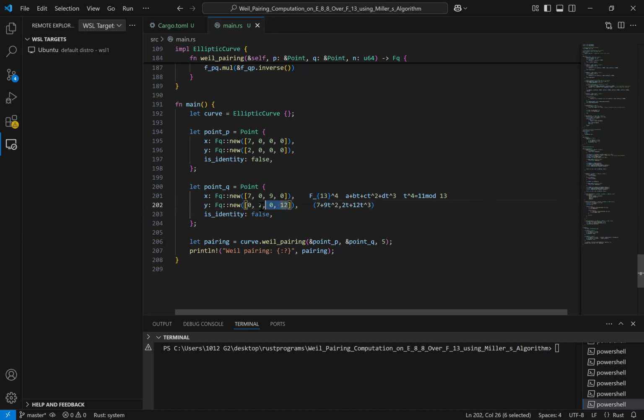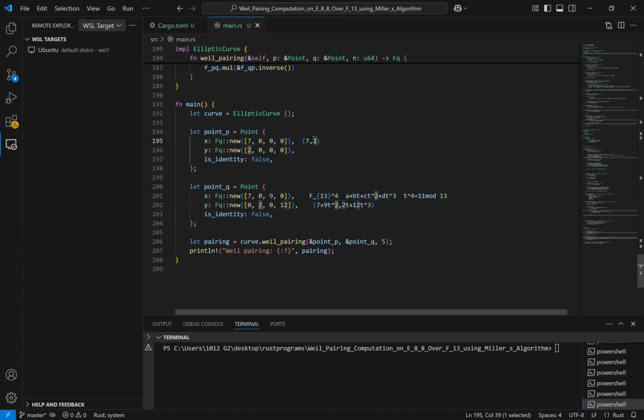So we just enter here. And the other one was 7, 2. So you can see, coming back to this, the constant is 7. But now the one multiplied by t, bt, is 0, because b is 0, and then ct square is 0, and then dt cubed is 0.